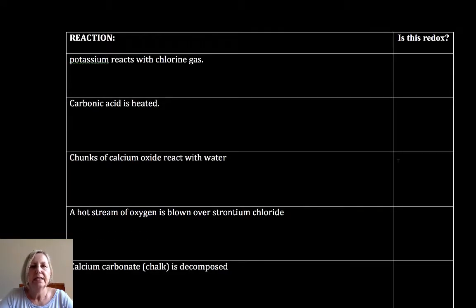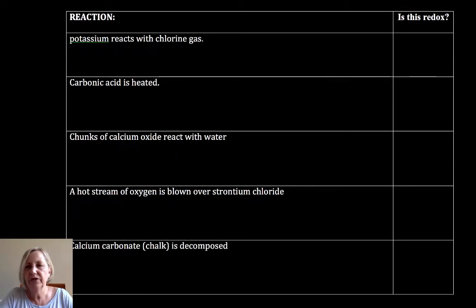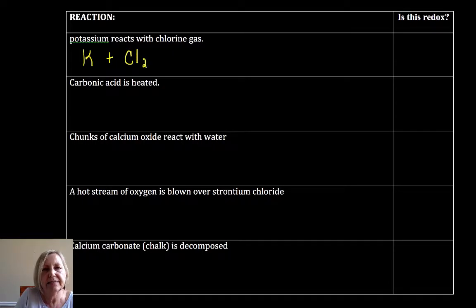Okay? So let's take a look at a handful of these and then evaluate to see if it might be a redox. So in this case, I have potassium reacting with chlorine gas. All right, I've got two elements. The only thing they can do is make a binary compound. Potassium becomes +1, so I'd have K+, and chloride becomes -1 ion.